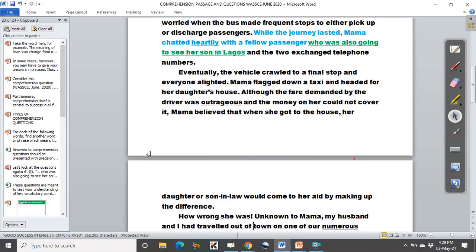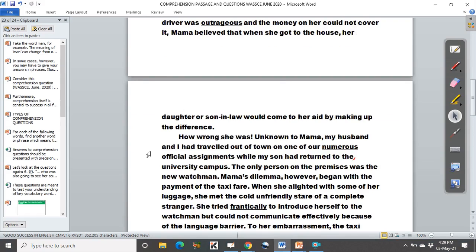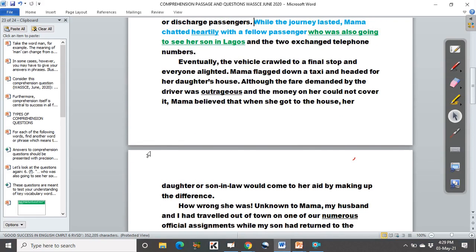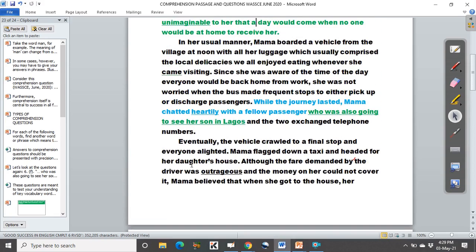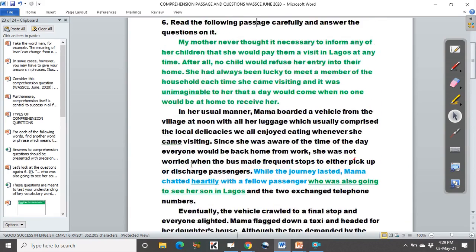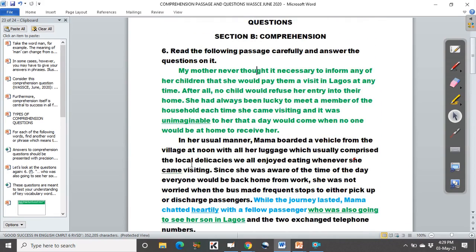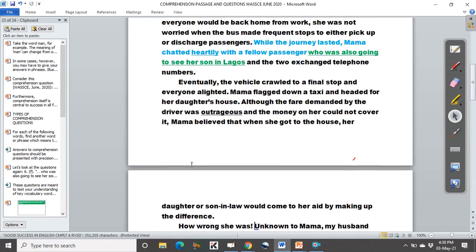All right, so let's look at these words, how they are used in the passage. Let's go to where it started and begin to look at the underlined words. The first one is outrageous.